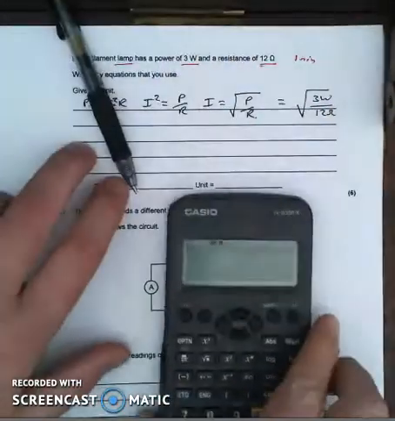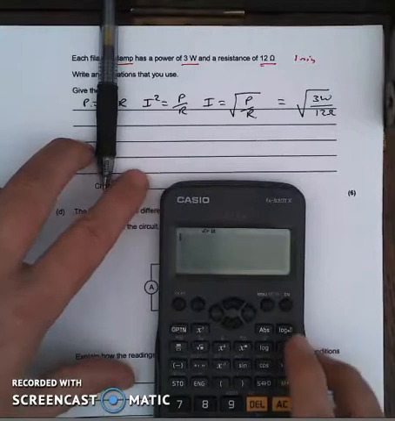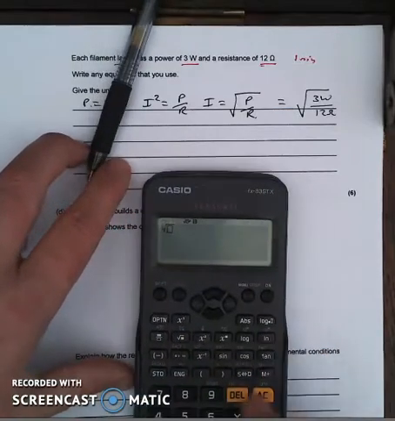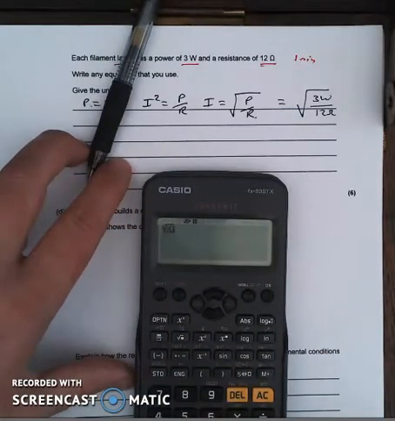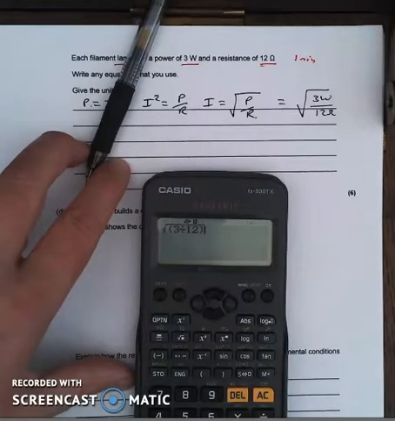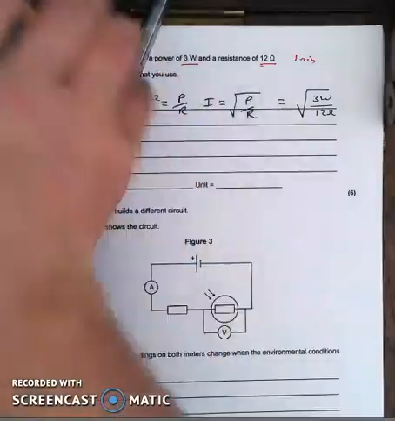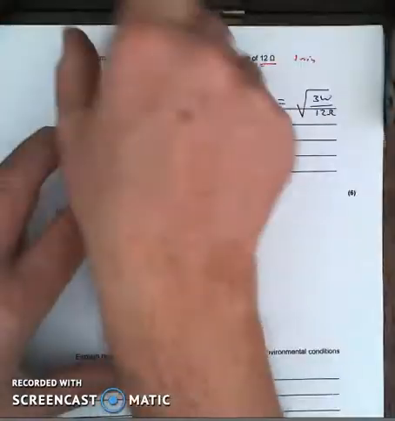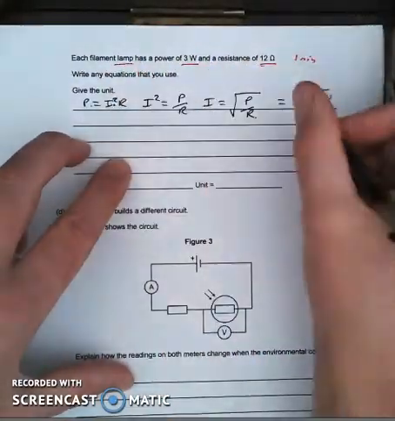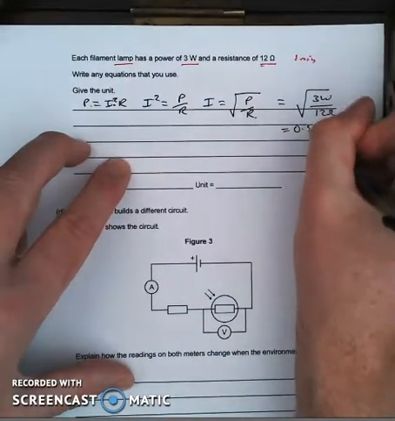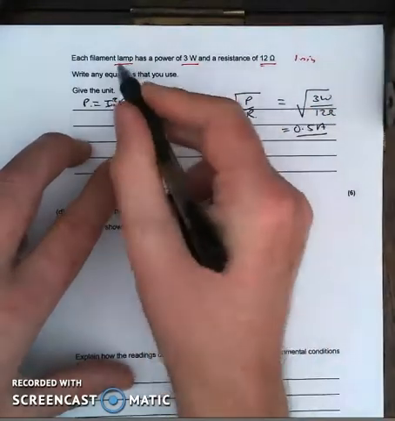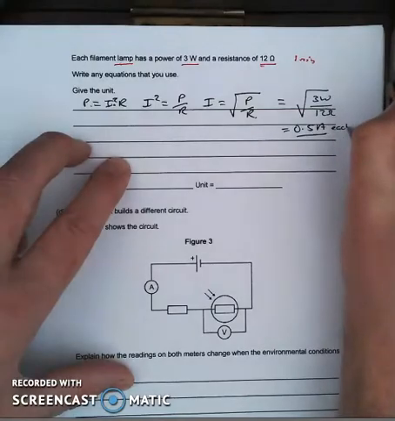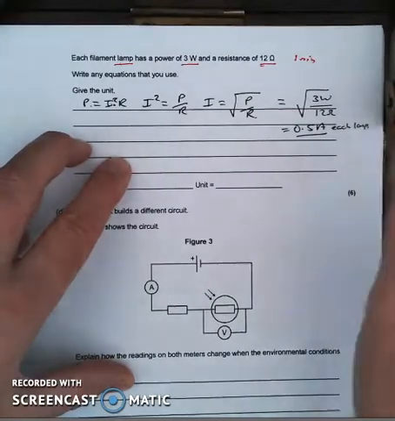So break out calculator, and square root of 3 divided by 12, that gives me 0.5. So that gives me an answer which is 0.5 amps. Now that is each lamp. That's the current through each lamp.